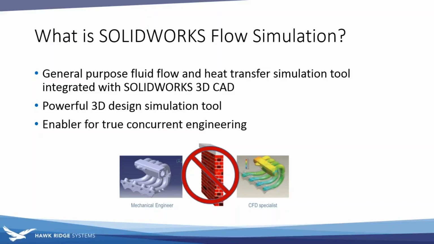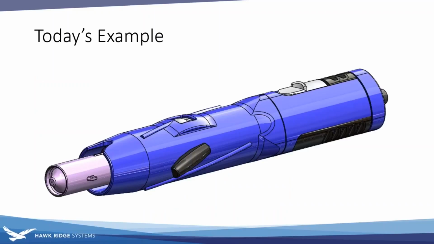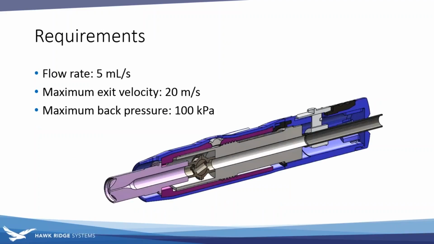Let's talk about what we're going to go through today. Today's example is going to be this device here. It's going to be a catheter for applying a dosage, and we're going to have some requirements that we're going to design it for. And so we've got our flow coming in from the tube on the backside. It passes through the device. Mostly it's just a straight shot through.